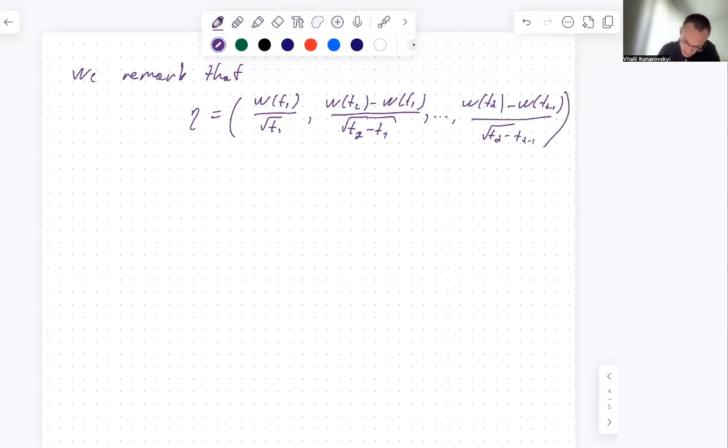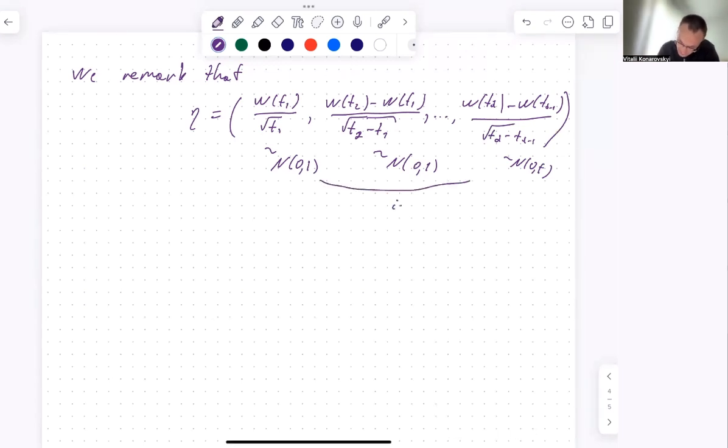What we know about that vector is that every coordinate has a normal distribution with parameters 0 and 1. And since the Brownian motion has independent increments, all coordinates are independent. Therefore, the vector eta has the standard normal distribution, expectation 0, and the covariance is the identity matrix.